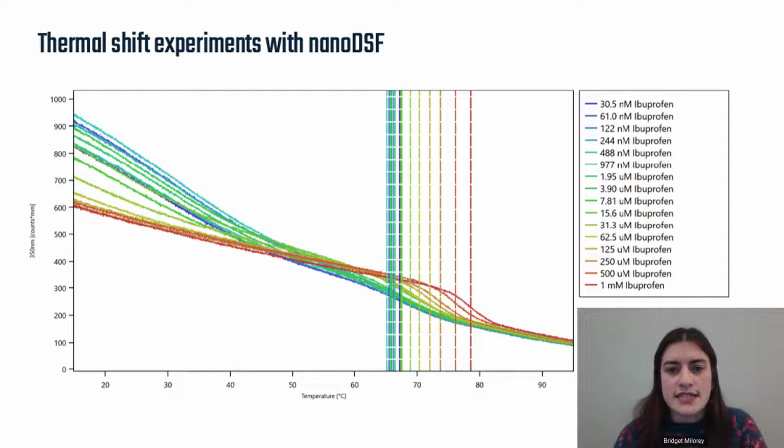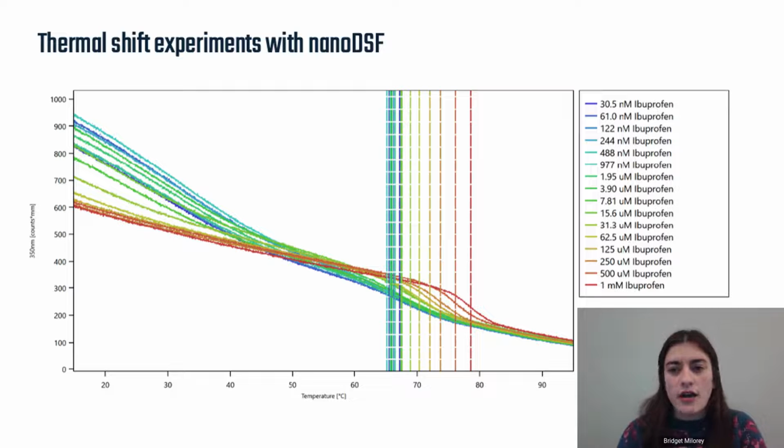And here we have a nice example of that on the slide. What we're looking at here are the thermal unfolding profiles for BSA when in complex with increasing amounts of ibuprofen. And you can see that as we have increased that ibuprofen concentration, you see higher Tm, so a positive Tm shift.